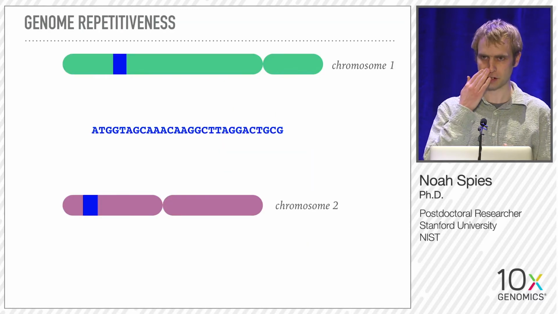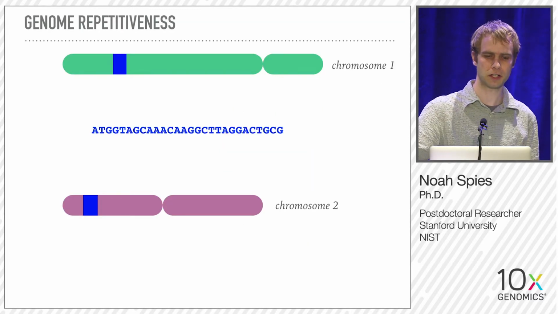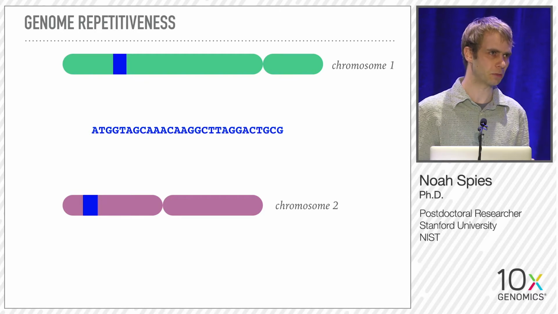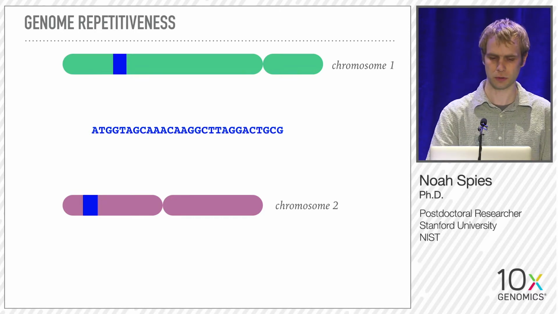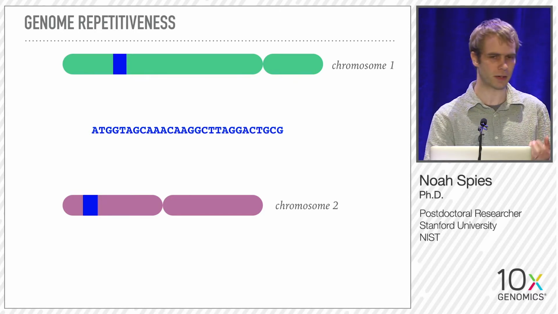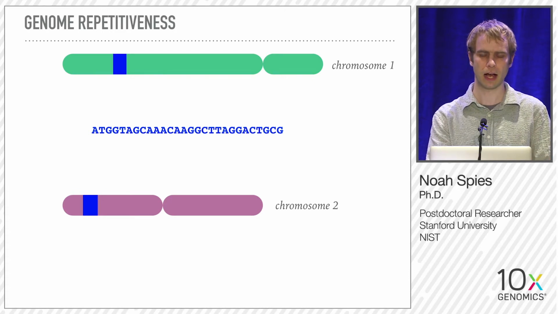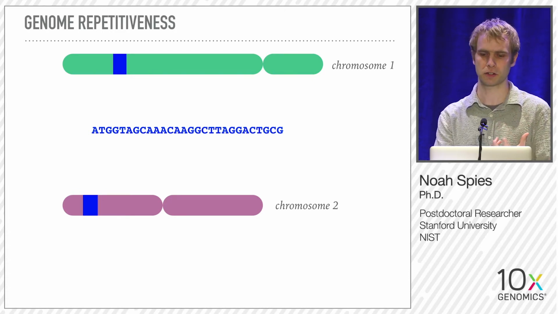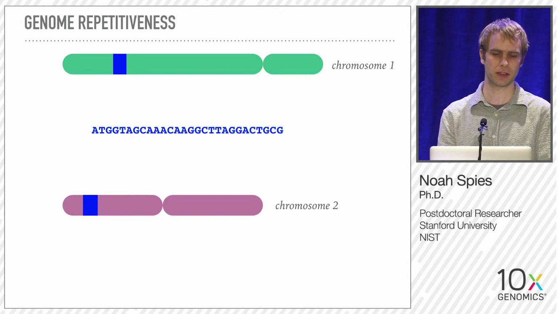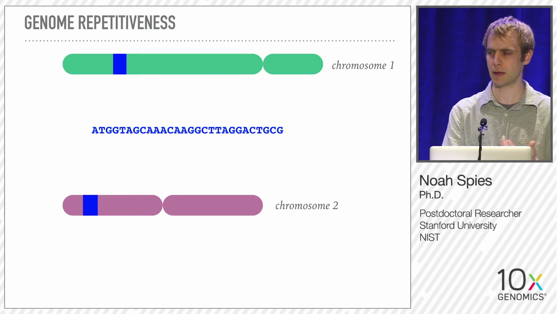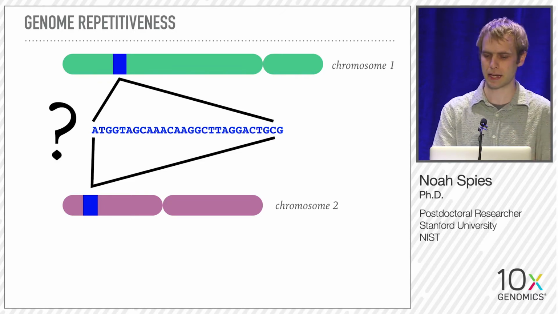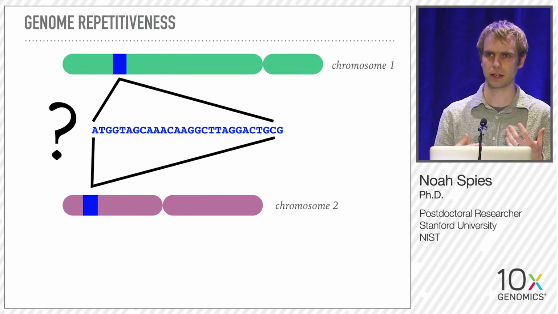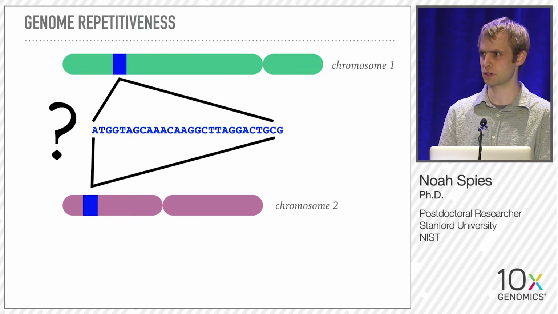The third issue for characterizing structural variation is genome repetitiveness. Simply, if we've got this blue sequence that occurs on chromosome 1, and an identical copy of it also on chromosome 2, and we get a short read that matches that blue sequence, it's impossible for us to tell if it derives from the chromosome 1 copy or the chromosome 2 copy.